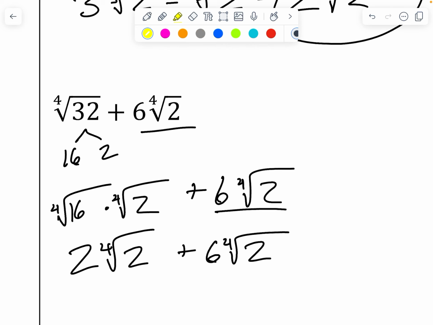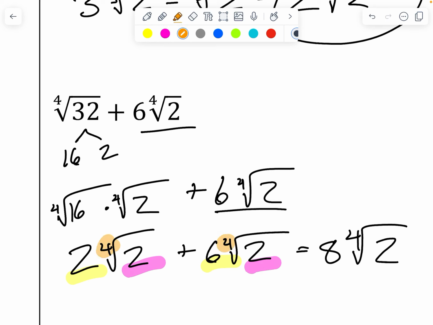So then 2 and 6 makes 8, 4th root 2. Now that we have the same radicand and the same index, we can add them together.